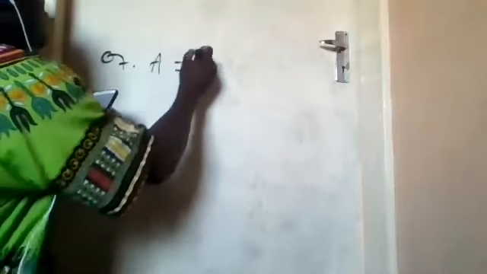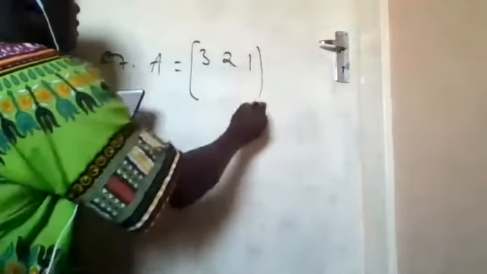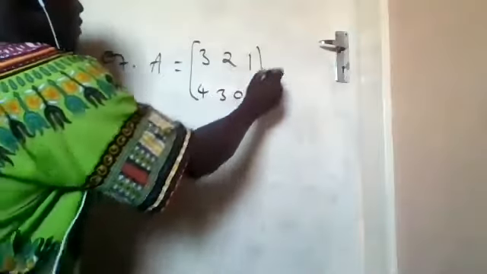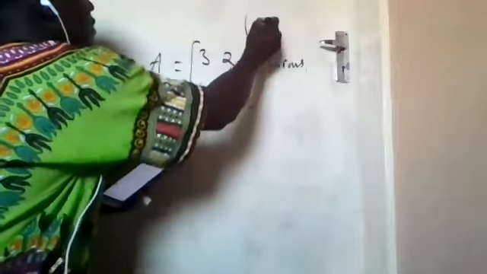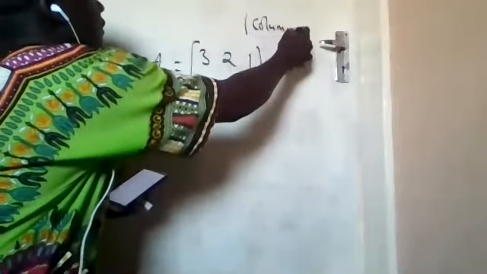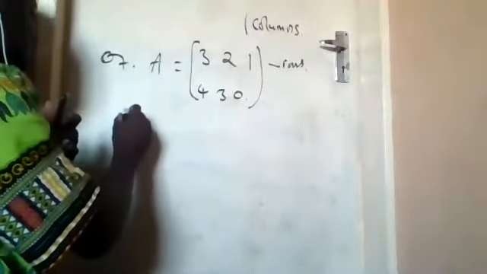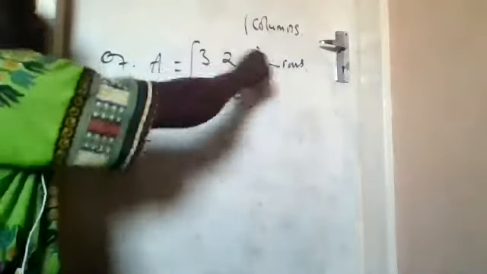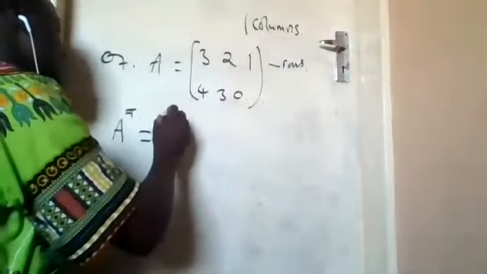Okay. So question 7, we are given that A is equal to 3, 2, 1, and then we have 4, 3, 0. These are rows, and these are columns. So when they say find A transpose, what it means, let these rows become columns, and then these columns must become rows.